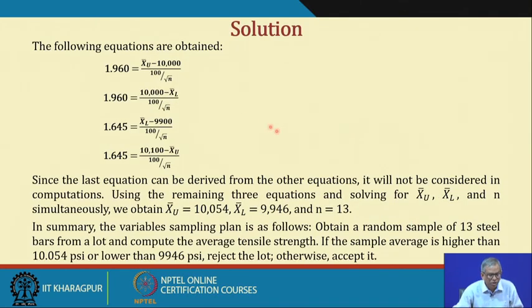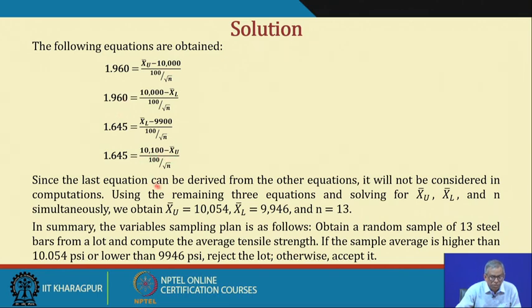Now what do you do? We have already derived the four expressions. Like say this is 1.960, that means against a value of 0.025, that is the tail area, you will get a value of z as 1.960. Okay, and similarly, xu bar minus 10,000, this is 10,000 minus xl bar, this is xl bar minus 9900, and this is 10,100 minus this.